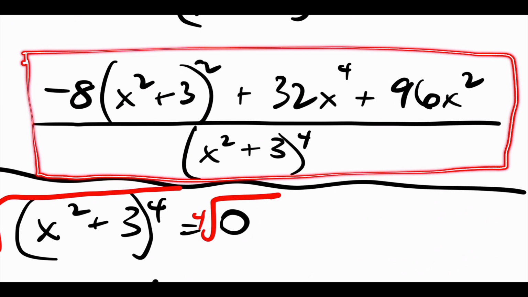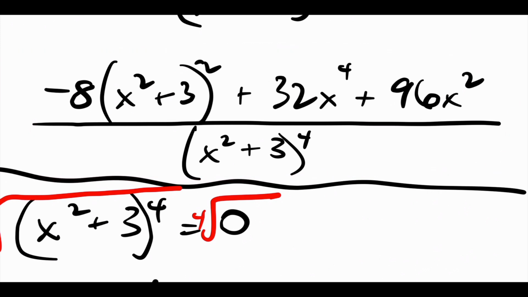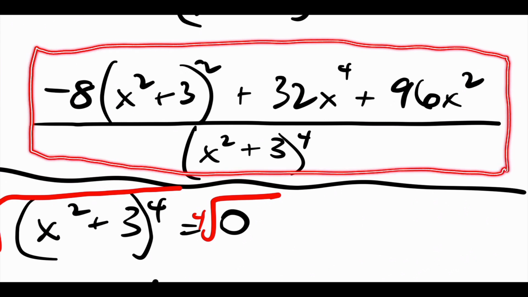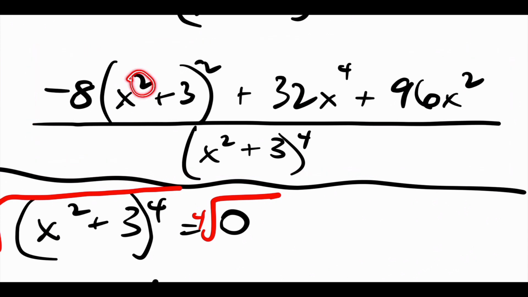It looks pretty crazy. It looks pretty long and pretty ugly. But if I'm plugging in -2 here, because of all the powers, right? What are the powers going to do? What is the squared going to do? Make it positive. What is to the fourth going to do? Make it positive, right?